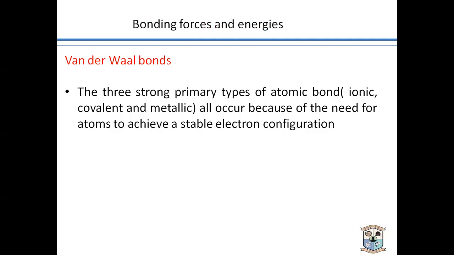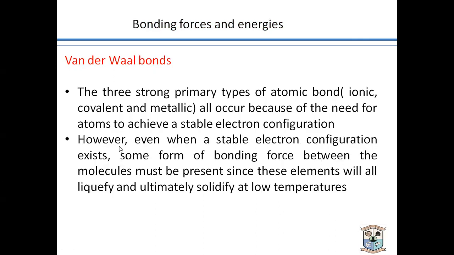That's why they're either giving out electrons or accepting electrons to be stable, depending on what is on their outermost shells, what their valence is. However, when a stable electron configuration exists, some form of bonding force between the molecules must be present.